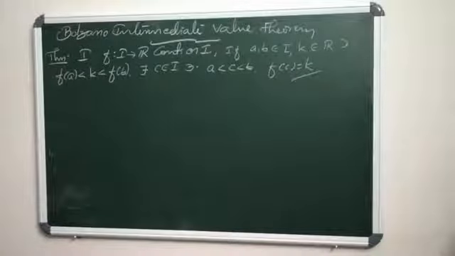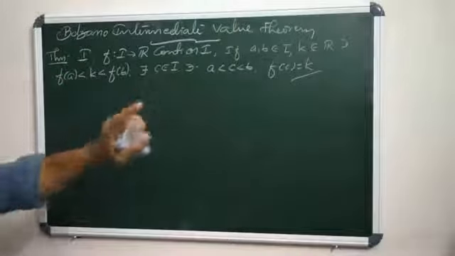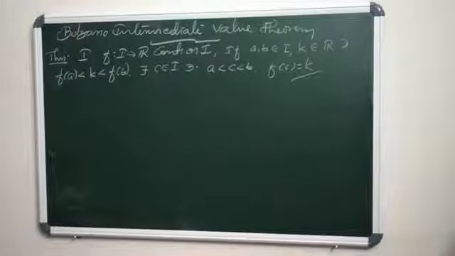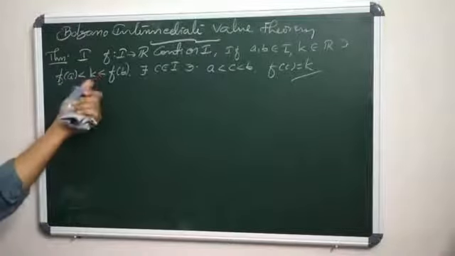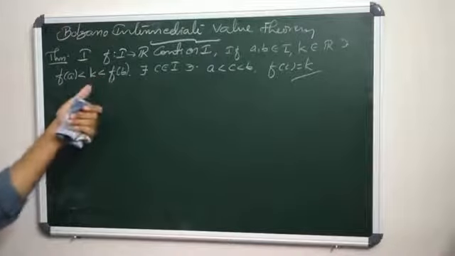In the previous case, f(c) equals 0 when f(a) is less than 0 less than f(b), or f(b) is less than 0 less than f(a). Here c lies in between a and b, and k in R with f(c) equals k whenever f(a) is less than k less than f(b).